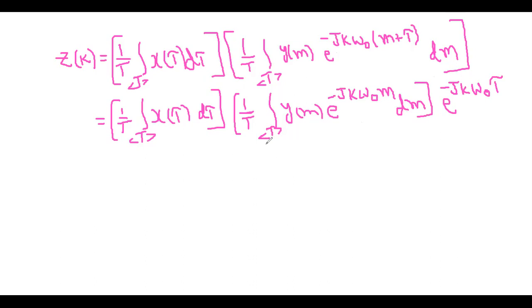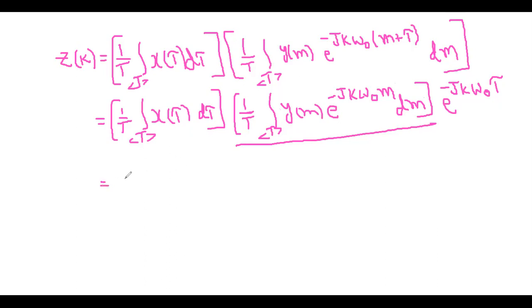See, this total function is similar to the analysis equation. What we have, x of k is equal to 1 by T integral T x of t e power minus j k omega naught t dt. Instead of t here the m is there, instead of x here is a y.